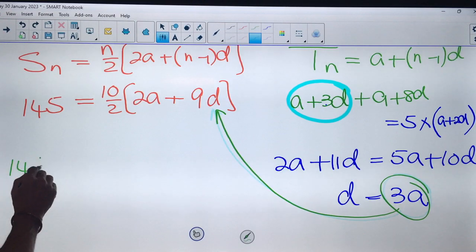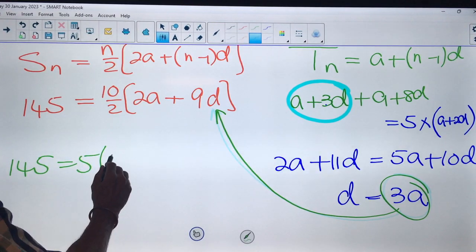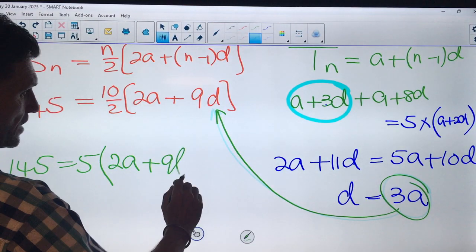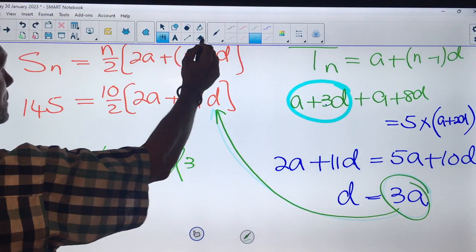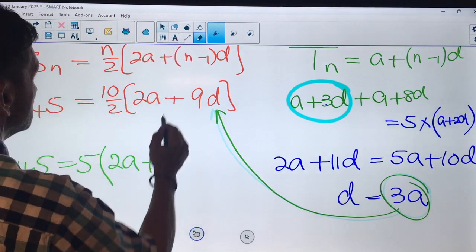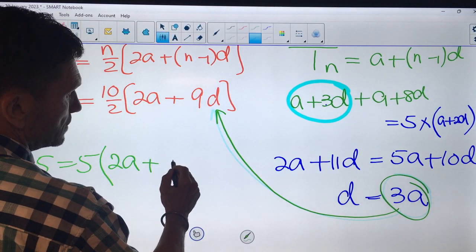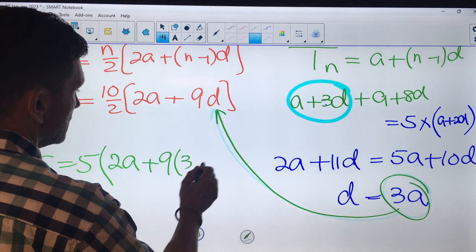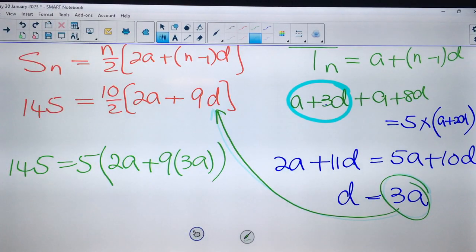So this is 145 equals 5 times 2A plus 9 times 3A. So we only have A now.